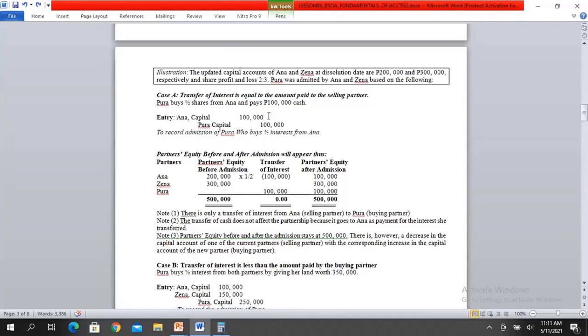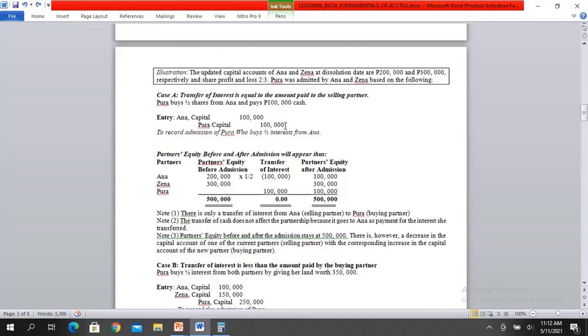Ayan. So, dinebit natin si Ana kasi nabawasan natin yung interest niya kasi binili yun ni Pura. So, yung 100,000 na binenta ni Ana, idadagdag natin sa capital ni Pura, kaya natin i-credit yung capital ni Pura ng worth 100,000. So, ayan yung first case ng pagbebenta or admission of new partner by purchase.